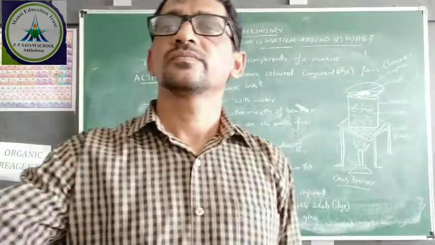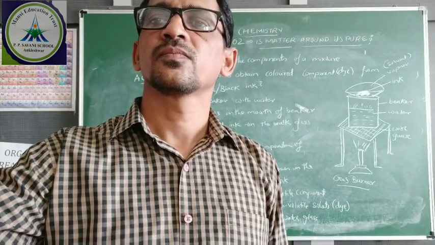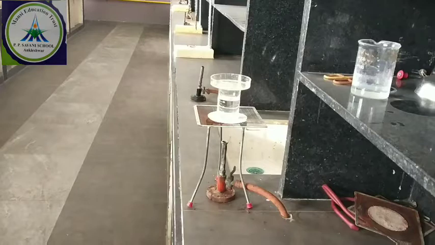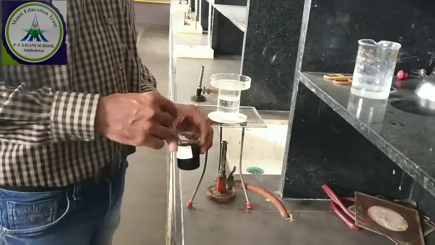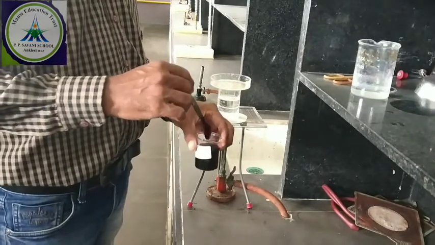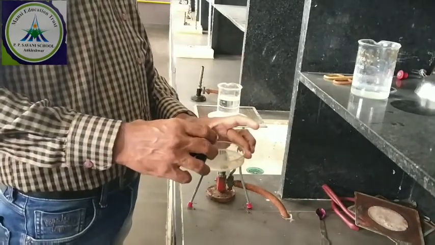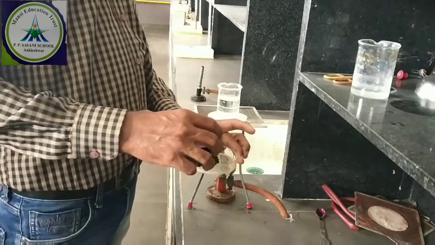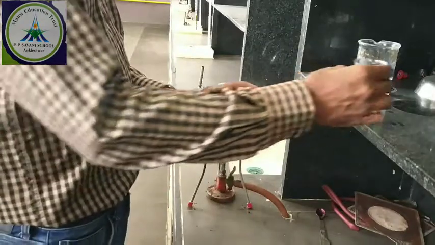Now we discuss how to perform this practical. Now we start the activity. This is the dye, or ink. I am taking a few ml of blue ink in the watch glass.